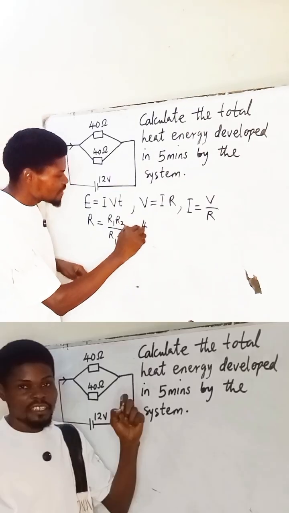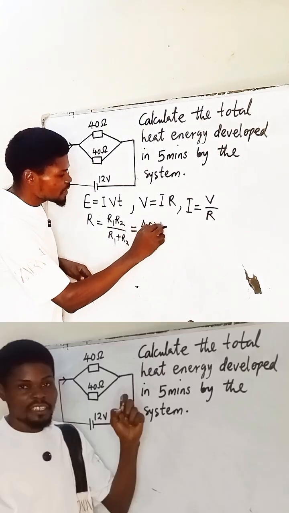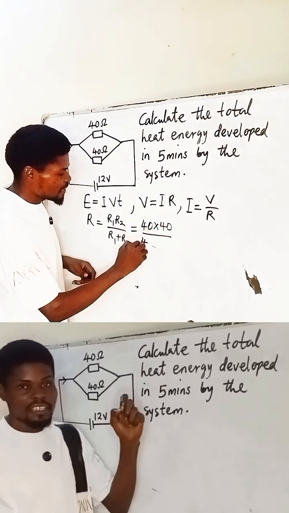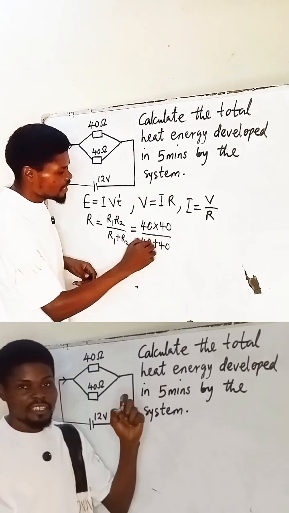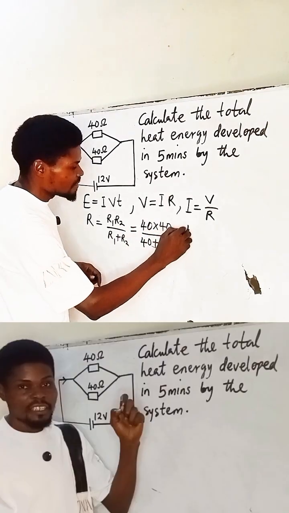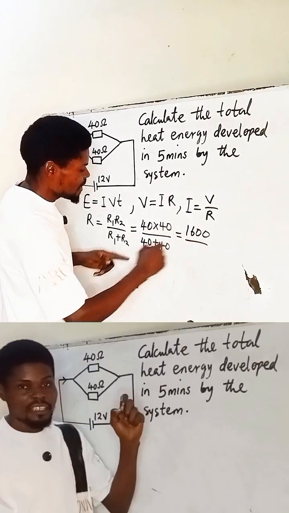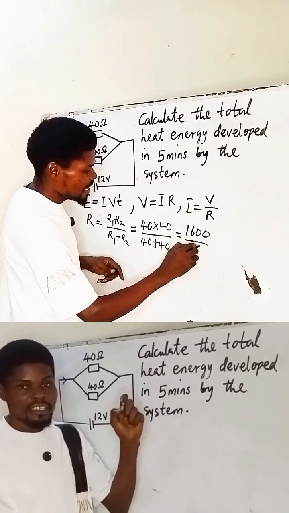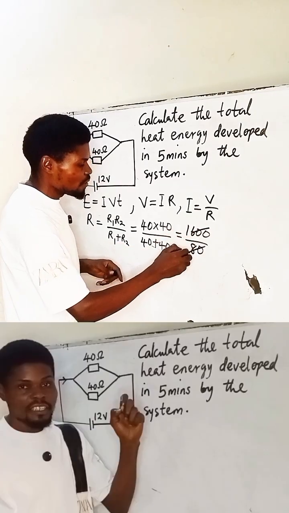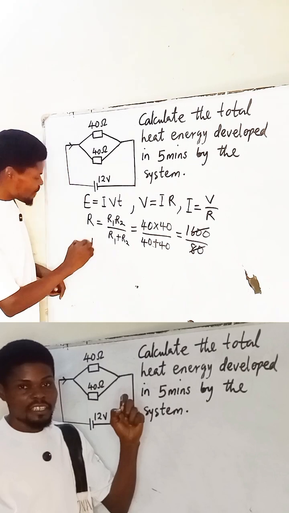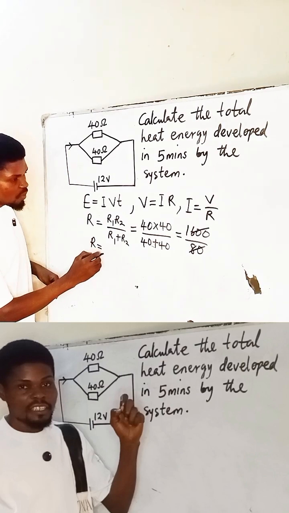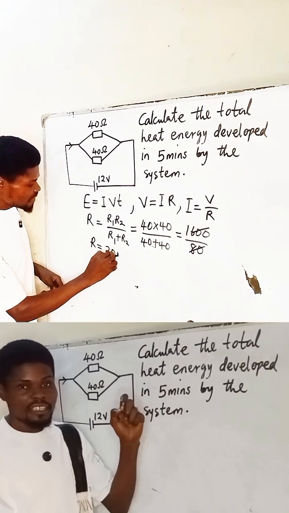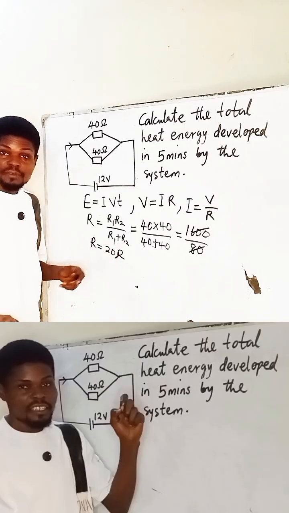So you have 40 multiplied by 40, then divided by 40 plus 40. So this times this gives you 1,600 divided by 40 plus 40, which is 80. And then when you cancel out, what do you have? You have that our resistance is equal to 20 ohms. 20 ohms. All right.